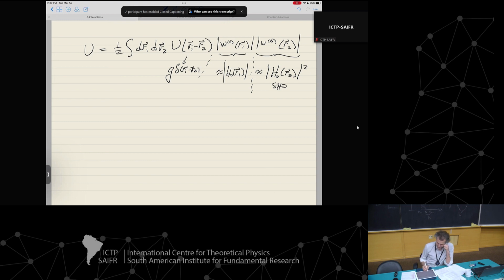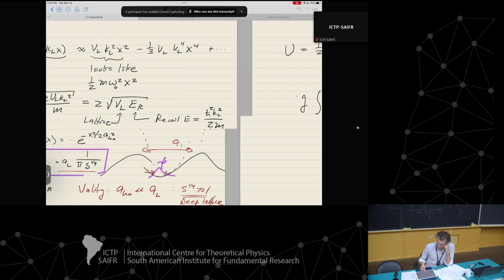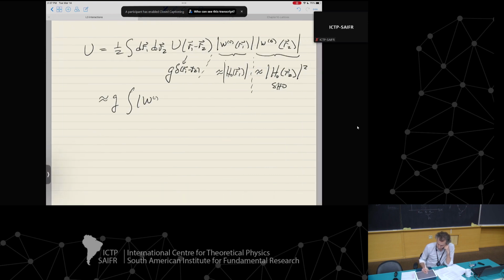Okay, so then what do we have? We then have that the interaction potential is some kind of coupling constant times the integral of the 4th power of the Wannier function. Okay, and I need to write out these harmonic oscillator functions in relative and center of mass coordinates to do this, but all right, I assume you can do that.